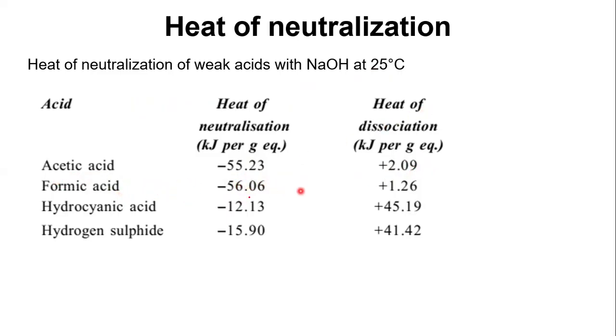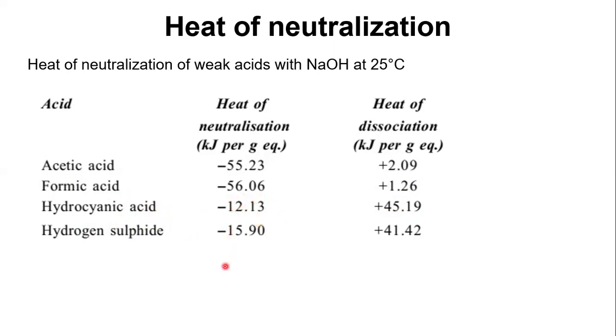If it's formic acid, you get negative 56.06, and you need 1.26 of energy to fully dissociate formic acid. If it's hydrocyanic acid, we need about 45.19 kilojoule per mole before we can completely dissociate. This one has drastically reduced the heat of neutralization.